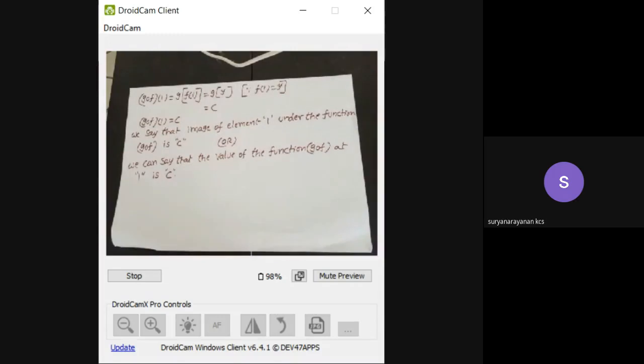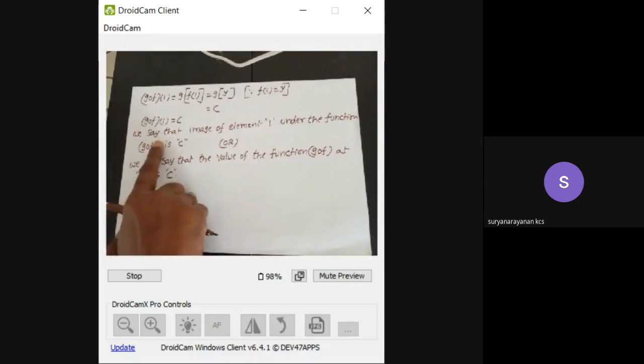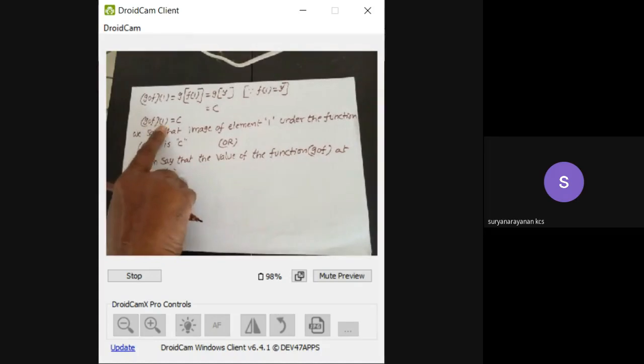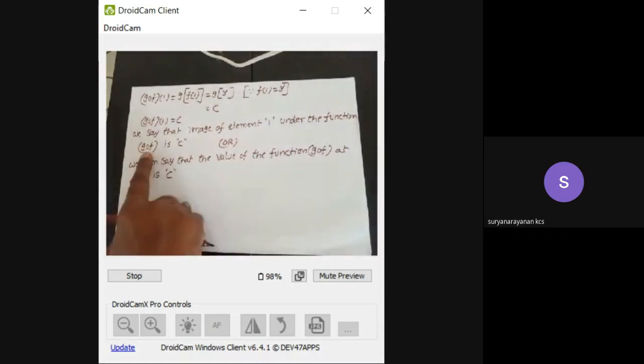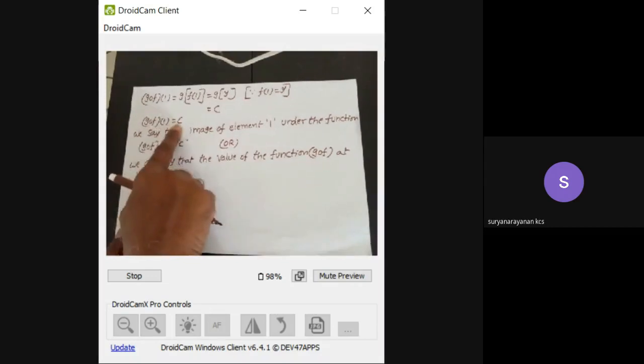We take two different meanings, but both indirectly denote the same. I repeat, this notation is read as the image of element 1 under the function G circle f is C. This is the meaning of this line.